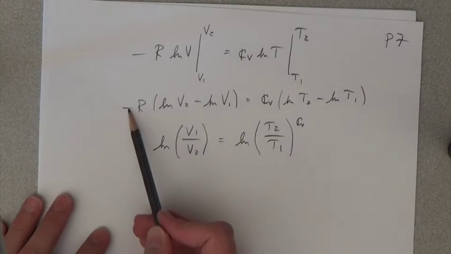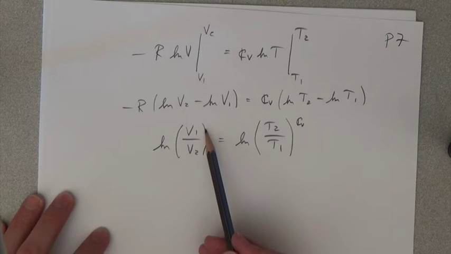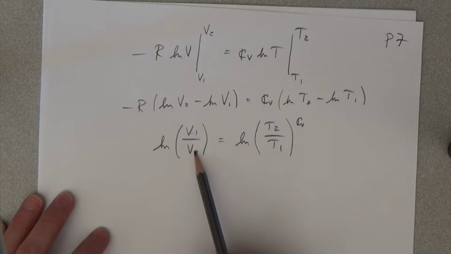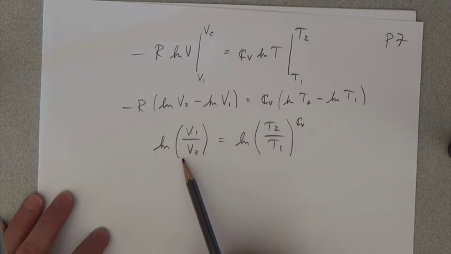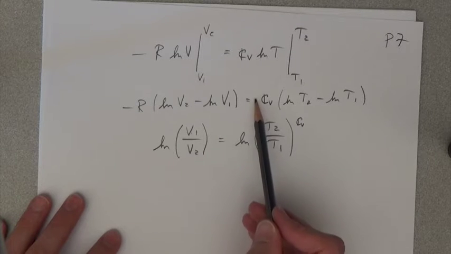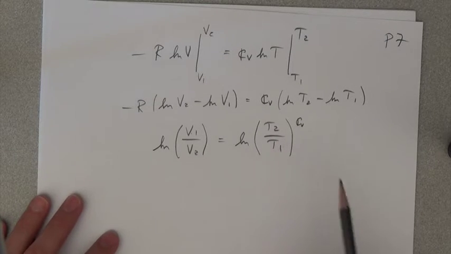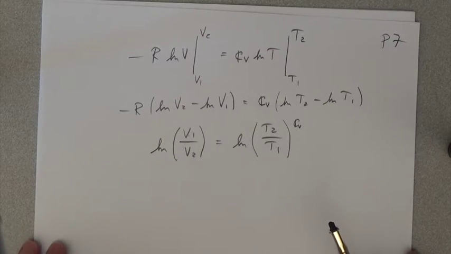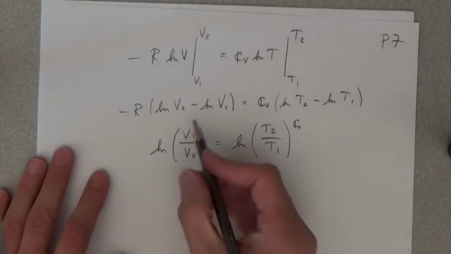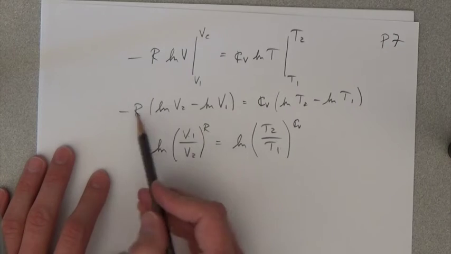Recognizing that that negative sign went into the exponential here, which is why it's V1 over V2 instead of V2 over V1. Whereas this one is positive, so it's 2 over 1. Oh, sorry. There has to be an R here as well.